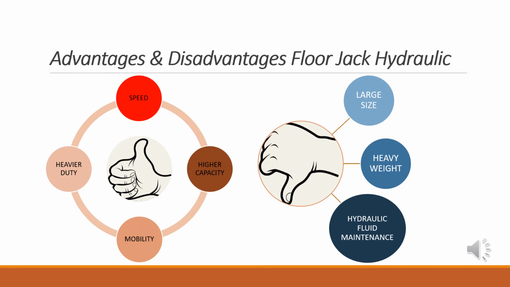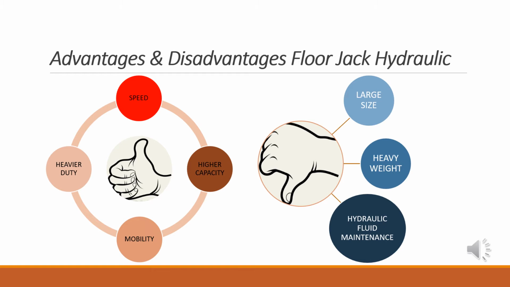Although the hydraulic floor jack may not be as mobile friendly, because they have wheels, they are generally easy to roll around on a floor without needing to stress your back to pick it up. And lastly, higher capacity. It tends to have a better capacity on average than a scissors jack.